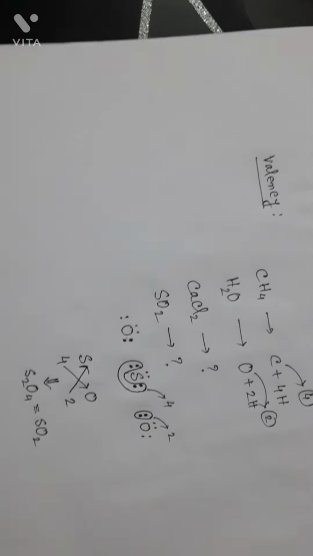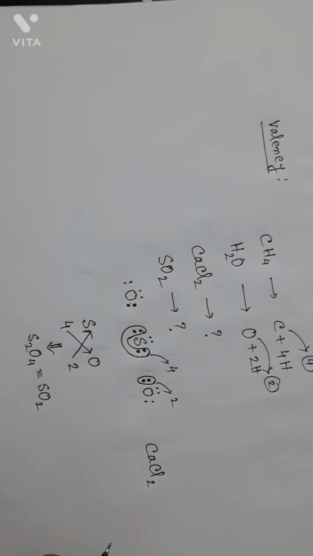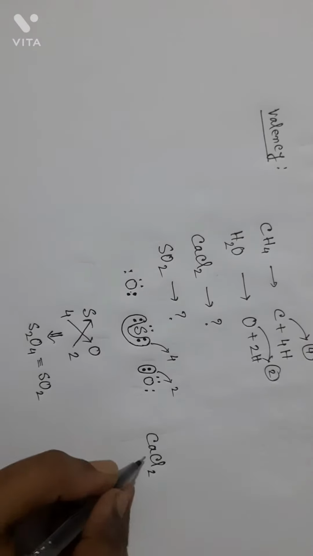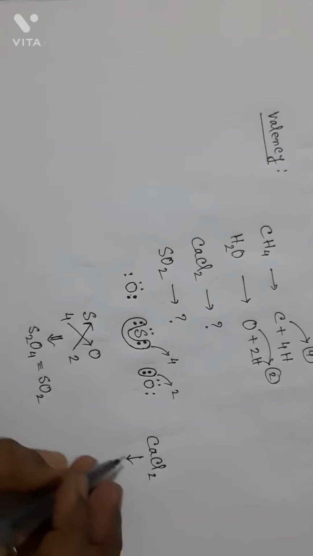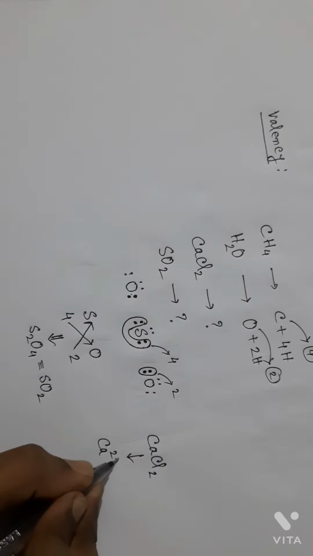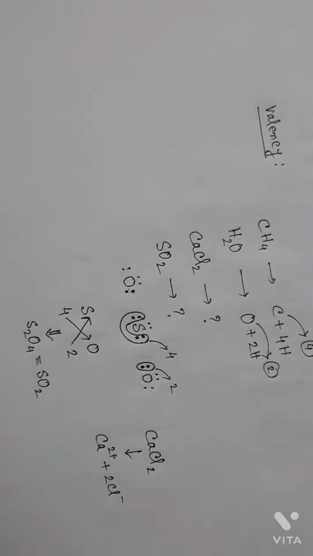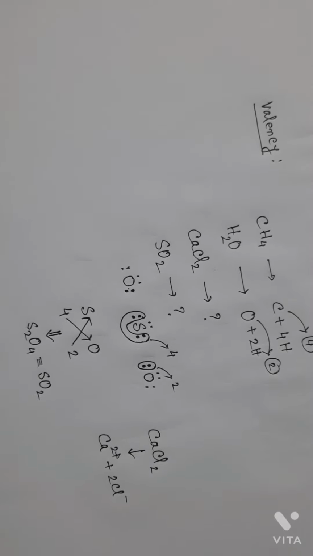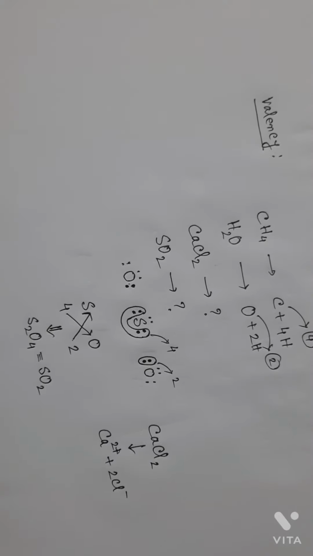A similar example is calcium chloride. This is not covalent, this is ionic in nature. If you dissociate calcium chloride, it forms Ca2+ and 2Cl-. For ionic types of compounds, the charge carried by each ion is the valency of that ion.